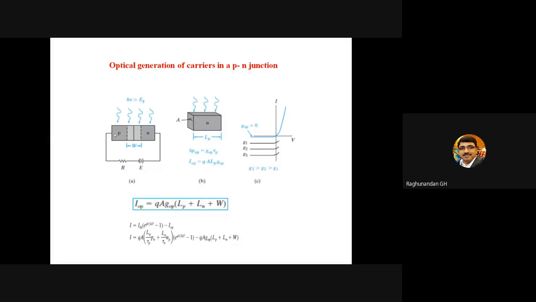But since the depletion layer is very large, the minority charge carriers present here cannot come here, and those here cannot come here. So making the light fall on this becomes a waste task. That will not give you any current.